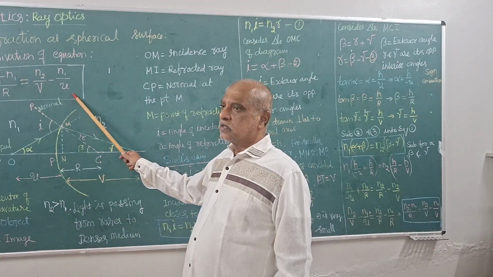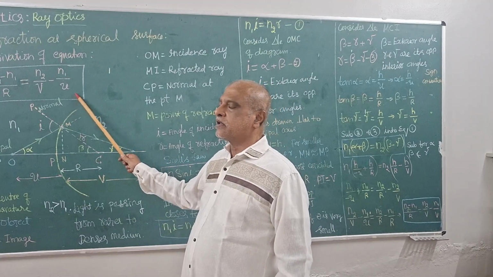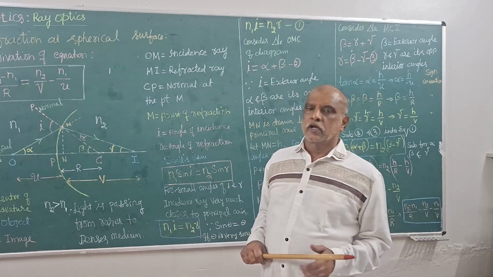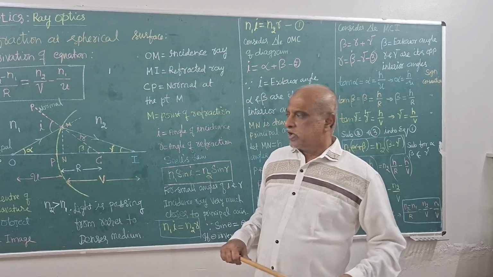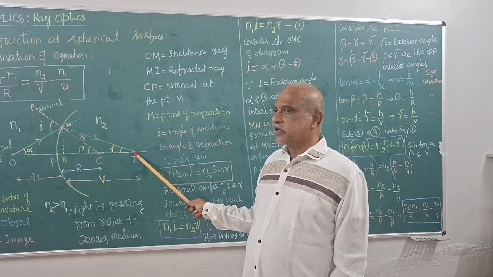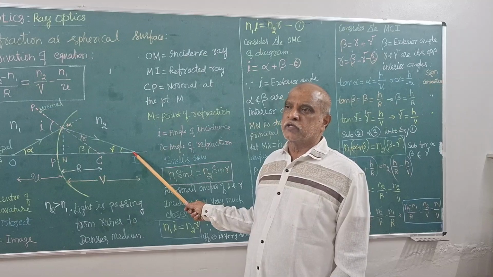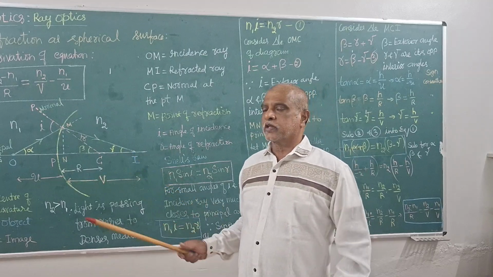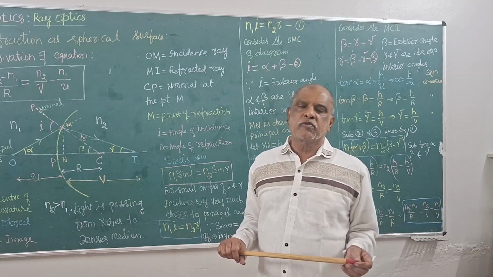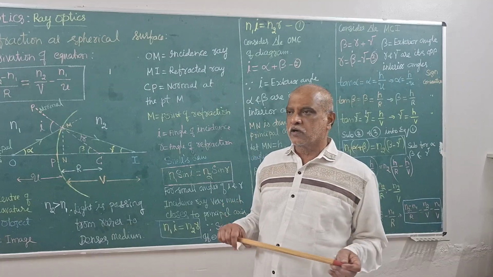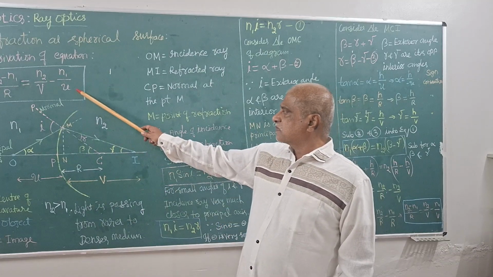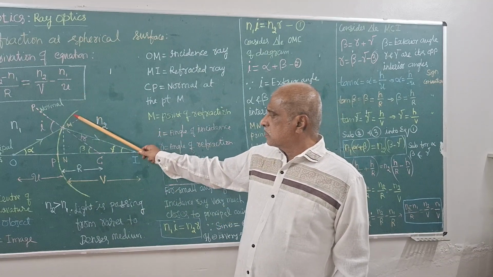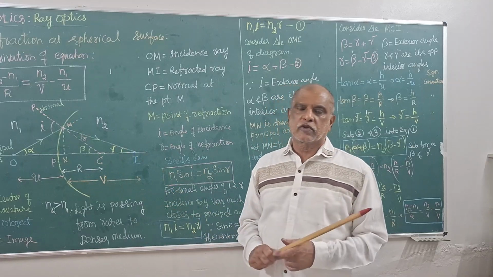This equation is very important. It explains where we can get the image, what size of image we get, and what kind of image we get, that is, real image or virtual image. So this expression is the basis for this kind of phenomenon.